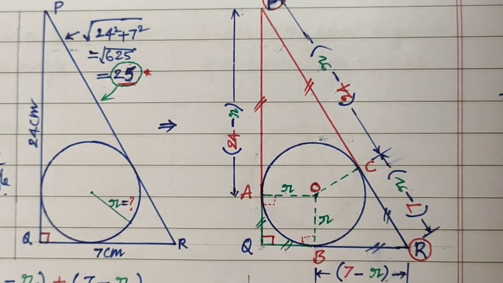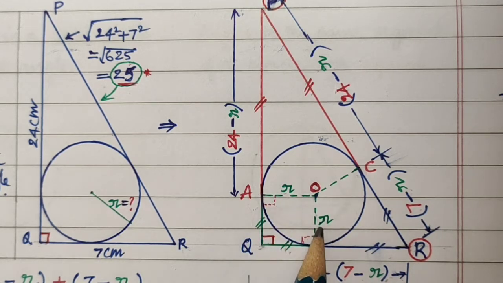See, they have given triangle PQR, PQ is equal to 24 centimeters, QR is equal to 7 centimeters, and angle PQR is equal to 90 degrees. We need to find out the radius of the inscribed circle. For that, we found the third side of the triangle, and by using the tangent properties we proved that AQBO is a square.